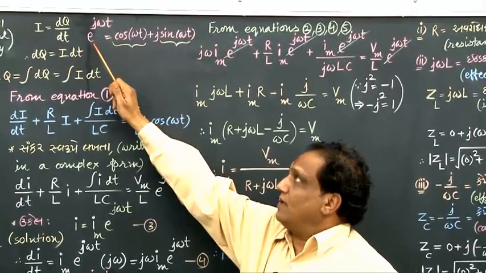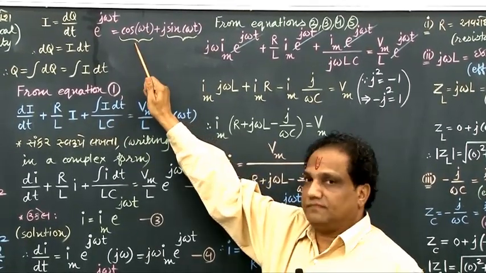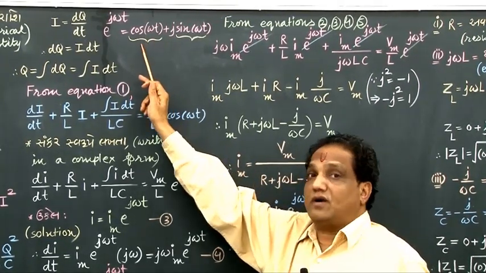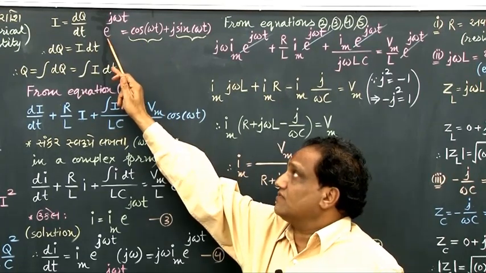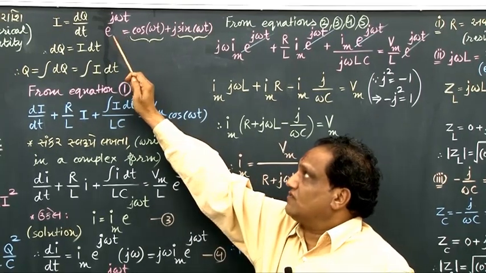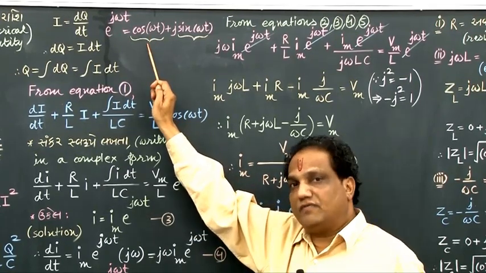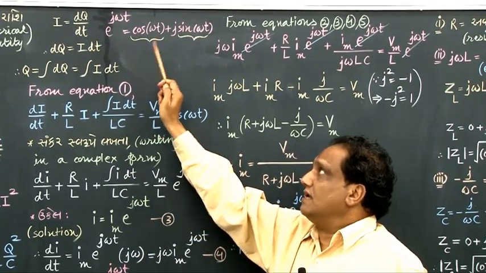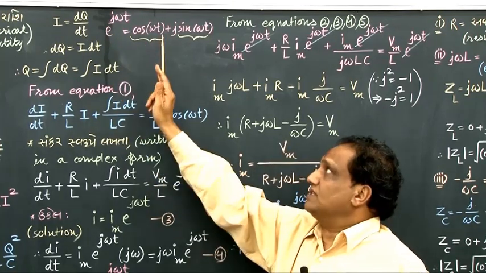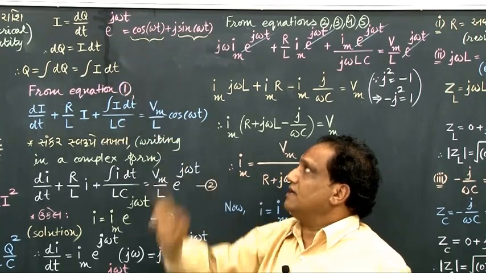This is that complex function whose real part is cos of omega t. If this is the real part, then the corresponding complex function is e raised to j omega t.